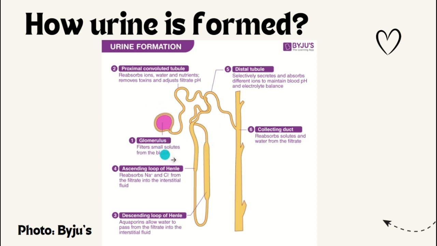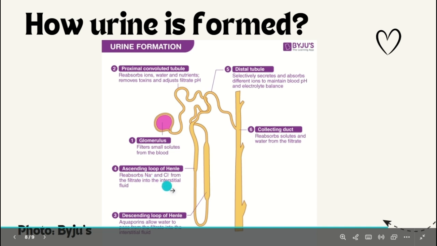So it's basically a filtering process. Filter out the small solutes, then reabsorb the ions, water, nutrients, remove the toxins, adjust the filtrate pH. Then in step three, you have the descending loop of Henle, right?